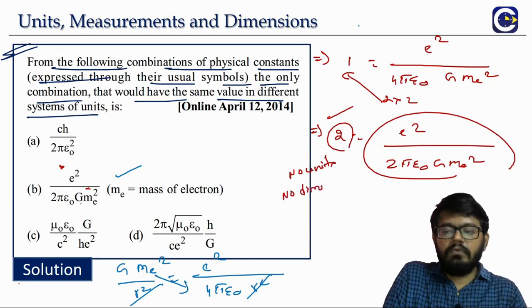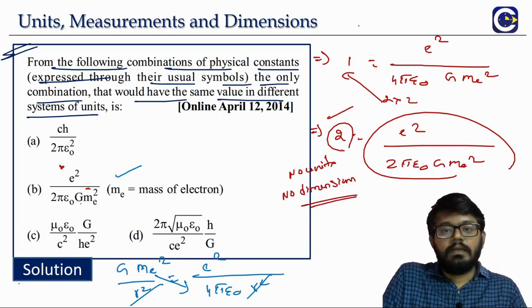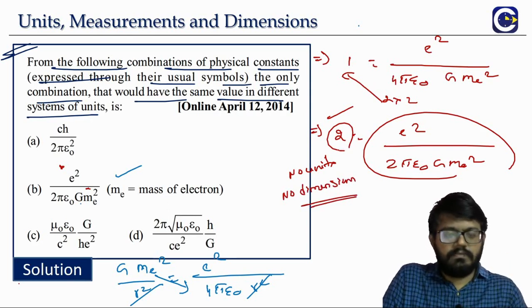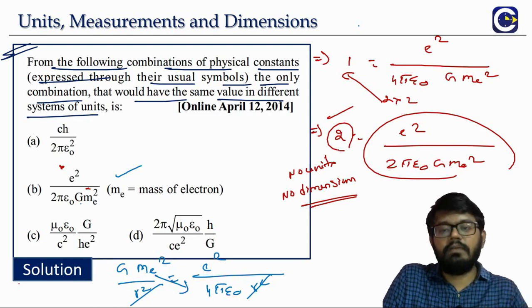Now the thing that we need to keep in mind is that no units means definitely no dimensions. Sometimes we have physical quantities with units, supplementary physical quantities, like plane angle in radian and solid angle in steradian, but they will not have dimensions. So this point you have to keep in mind.